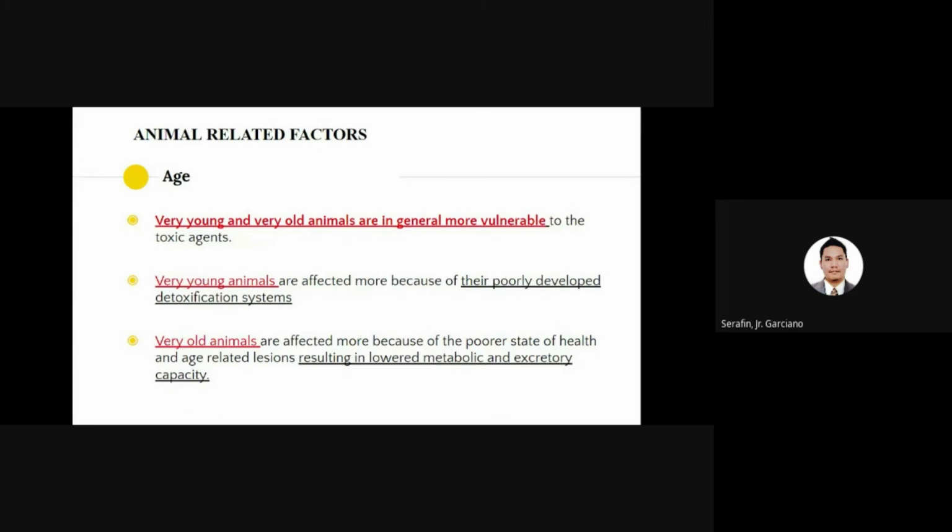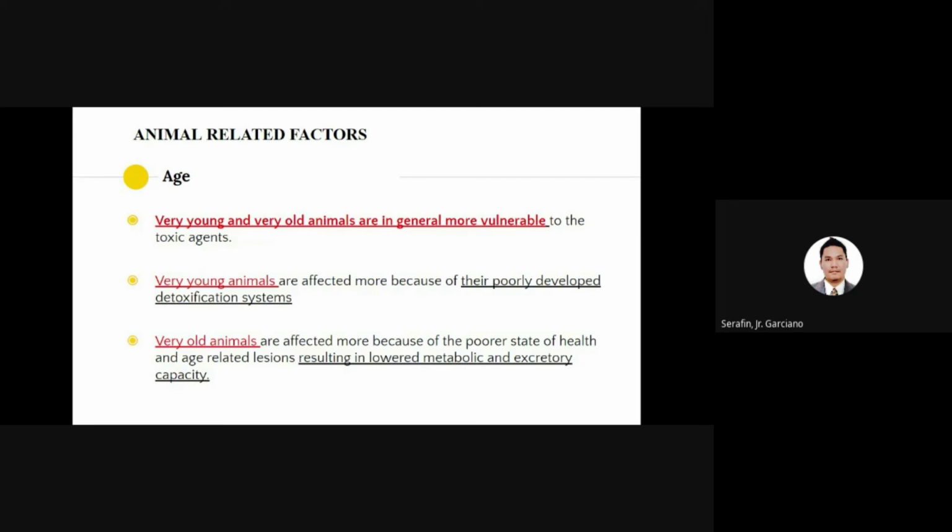And also age-related factors play a role. Very young and very old animals are in general more vulnerable to toxic agents. Very young animals are affected because of their poorly developed detoxification systems.